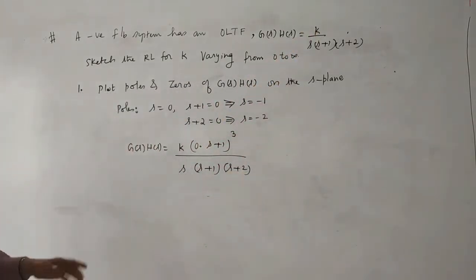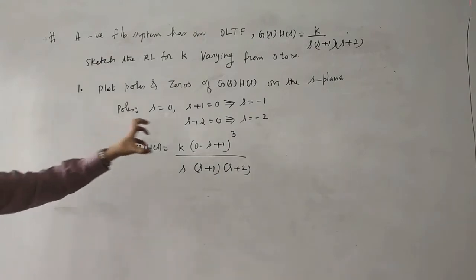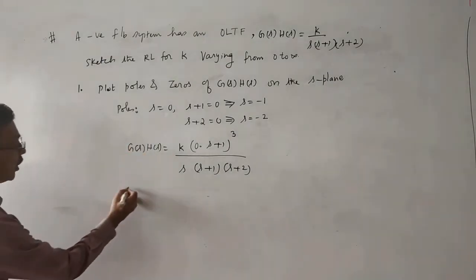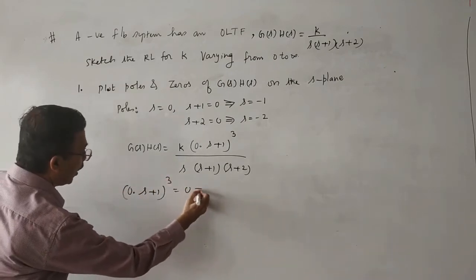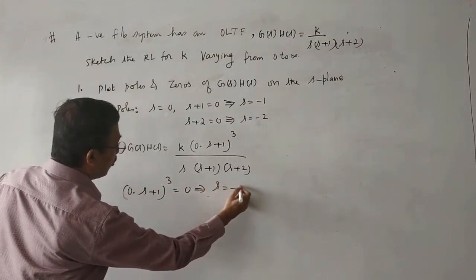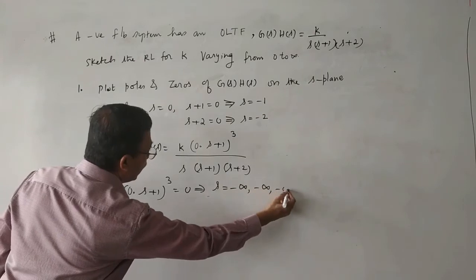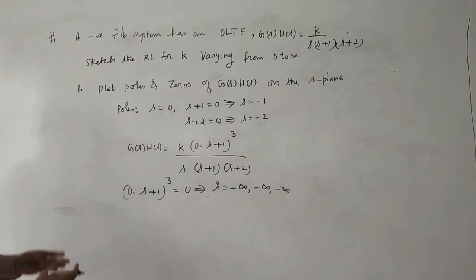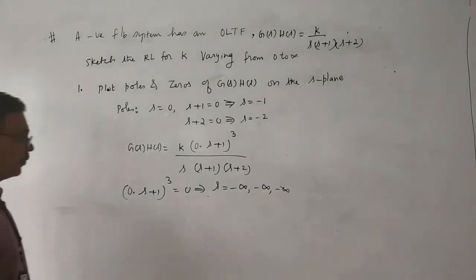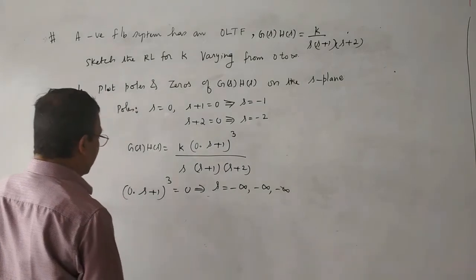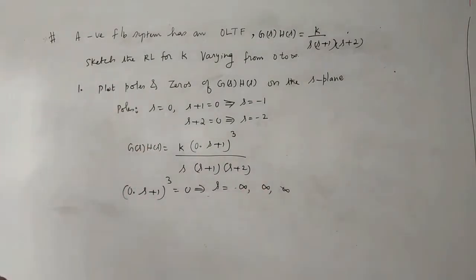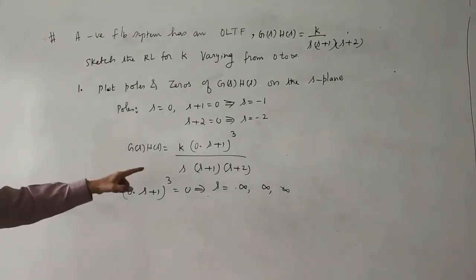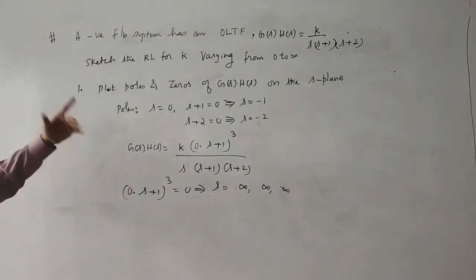How do you get zeros? By equating numerator polynomial to 0. That means 0 into s plus 1 equal to 0 implies three roots: minus infinity, minus infinity, minus infinity, or infinity, infinity, infinity. What I mean by that is, these three zeros are not finite zeros, they are at infinity.